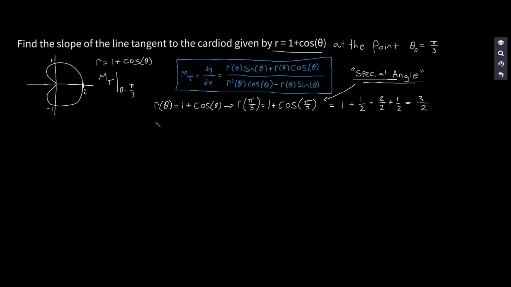What about r prime of theta? What about its derivative? Well, we can't just take the derivative of 3 over 2. We have to take the derivative of this function here. In other words, we're going to find the derivative of 1 plus cosine of theta.